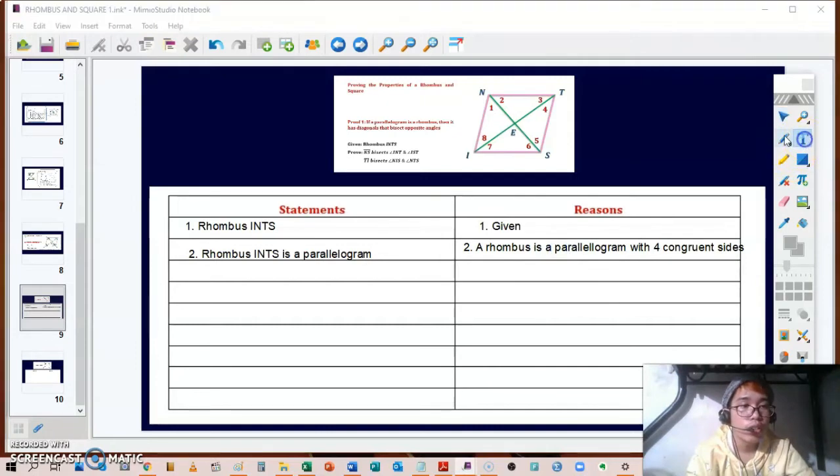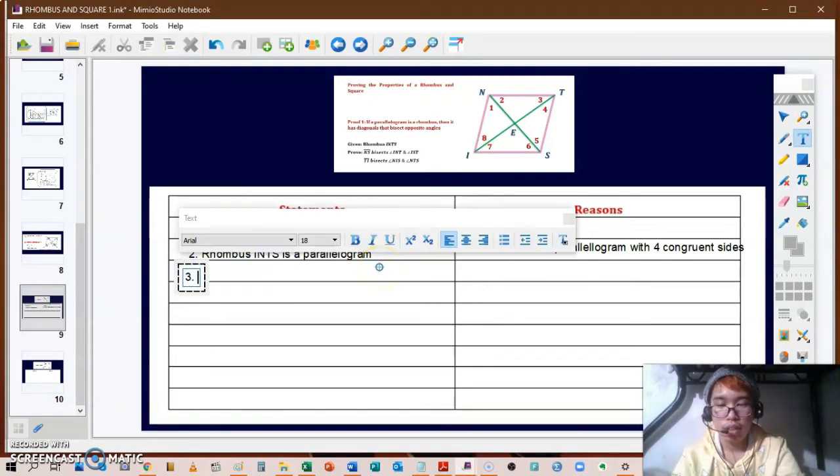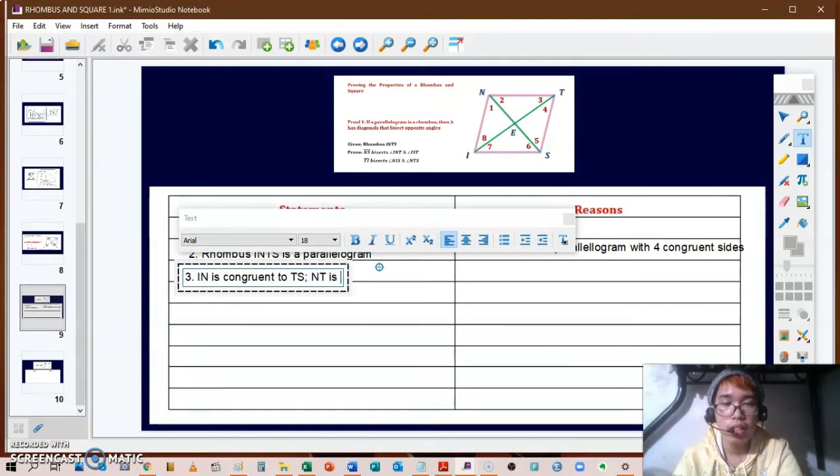And for our third statement, we can say here that IN is congruent to TS since it's a parallelogram, and NT is congruent to IS.